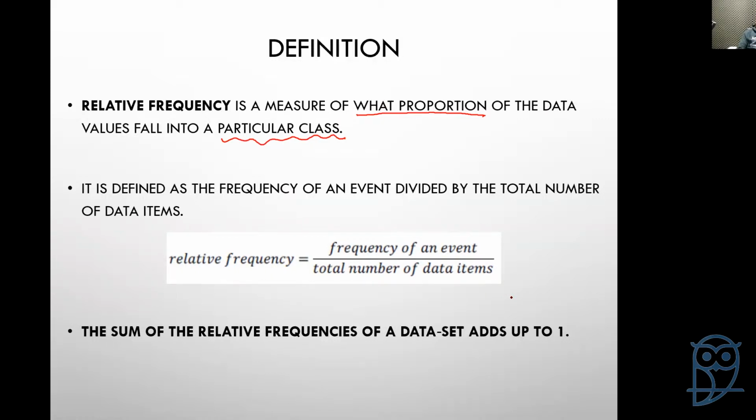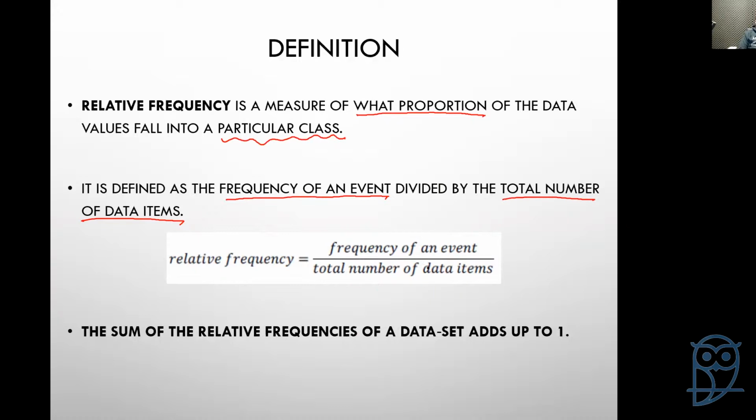Those are going to be the particular classes or class intervals that we are looking at. So it is defined as the frequency of an event divided by the total number of data items. So it is how many times the event happened over the total amount of times that we ran this experiment.